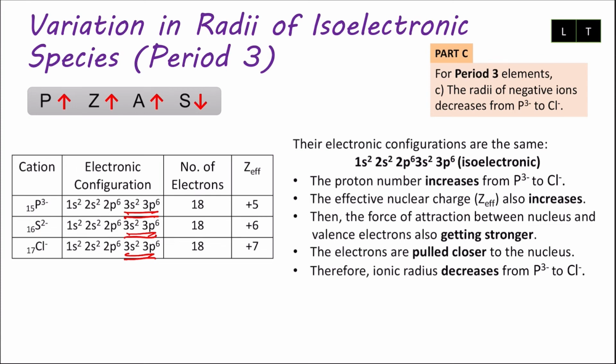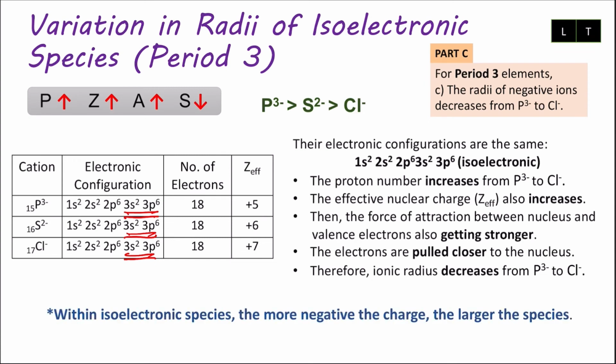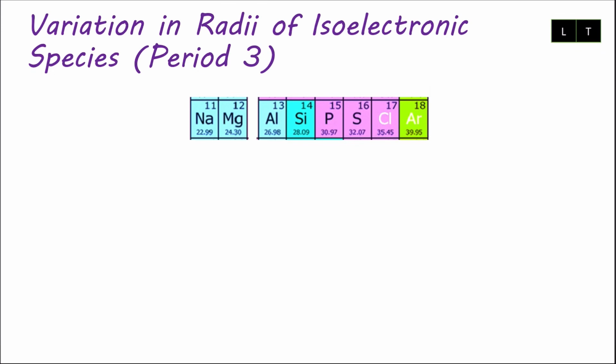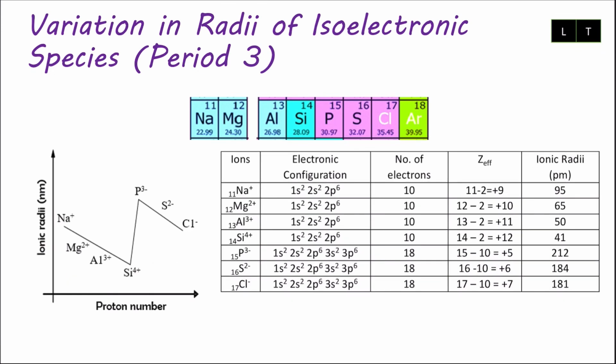So in this case, the largest species will be P3- and the smallest one will be Cl-. As I mentioned before, within isoelectronic species, the more negative the charge, the larger the species. As you see from here, P holds the most negative charge compared to Cl. So that is why you get this trend as the variation in ionic radii of isoelectronic species, specifically for period 2 and period 3.